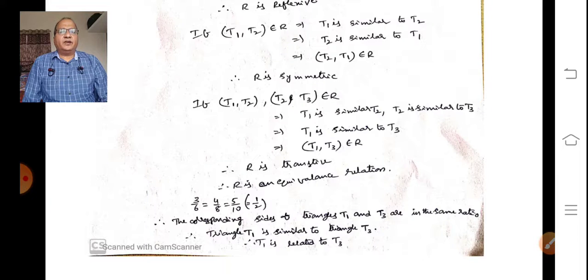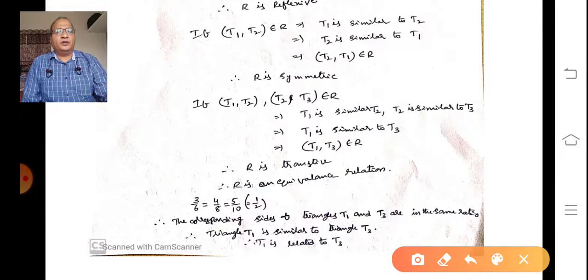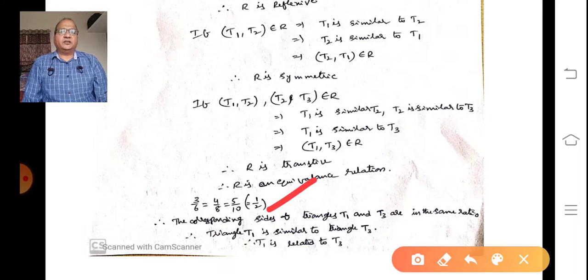Now they have given three right angle triangles. The problem continues. T1 is a right angle triangle with sides 3, 4, 5, and T2 is a right angle triangle with sides 5, 12, 13, and T3 is a right angle triangle with the sides 6, 8, 10. Now see which are in the same proportion.